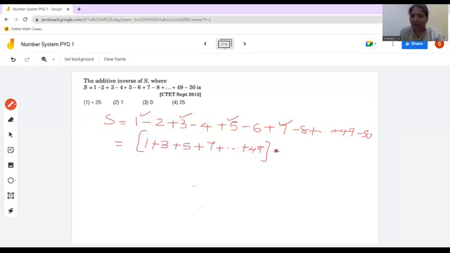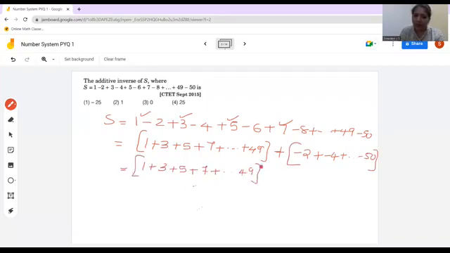plus minus 2 plus minus 4 plus etc. minus 50. Now 1 plus 3 plus 5 plus 7 plus etc. up to 49 we write as it is. Then we can take minus 2 outside because minus 2 is common here, that means we are dividing each term by minus 2.